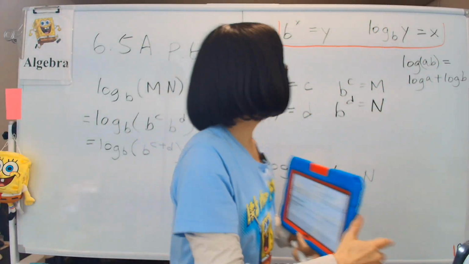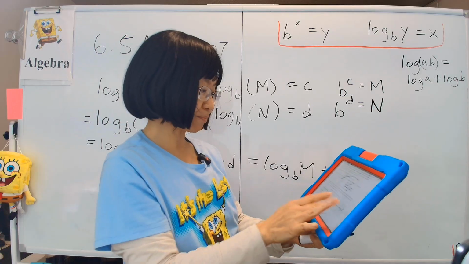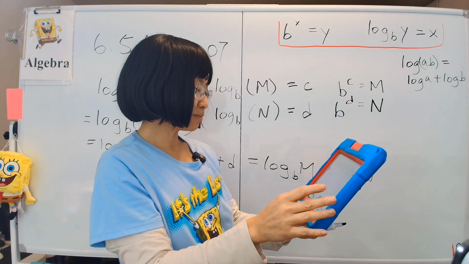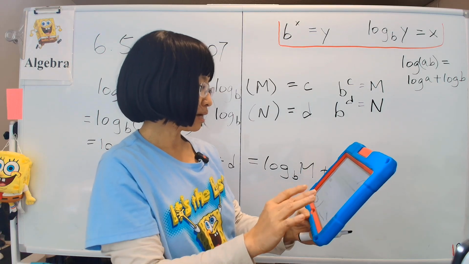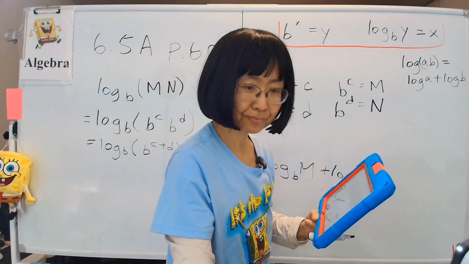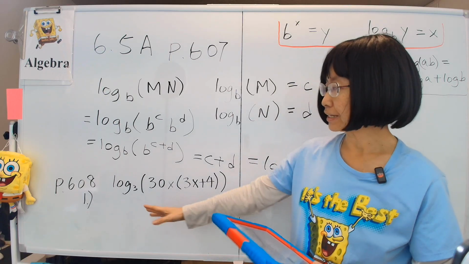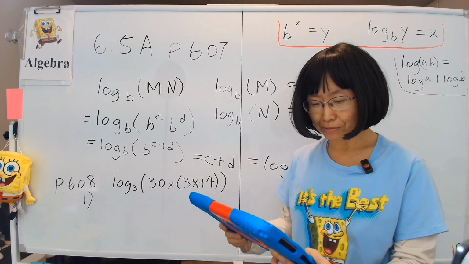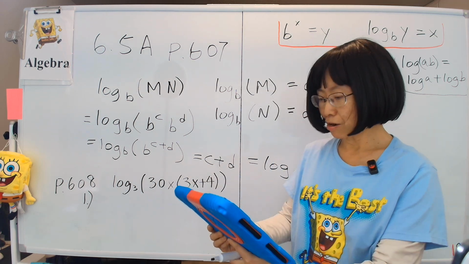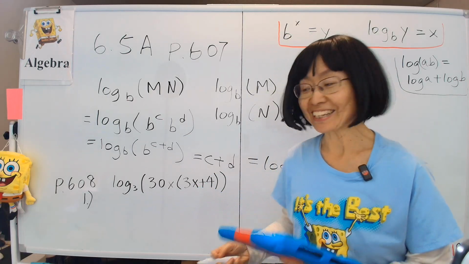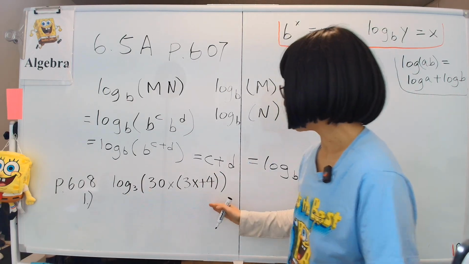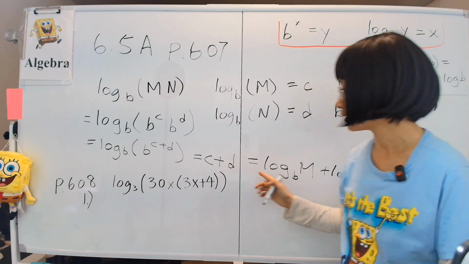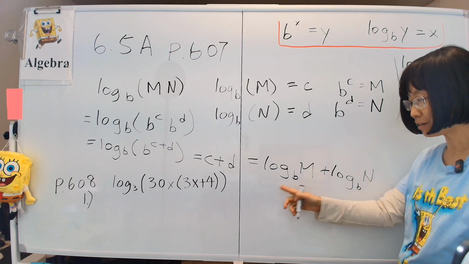Okay, so next, let's do something with it. Example 1 on the following page, page 608, where we have the log base 3 of the stuff here, and we're supposed to expand it. Fine, let's expand this thing. To expand it, we apply this principle: the log of any numbers multiplied together you can break up into addition of the chunks.